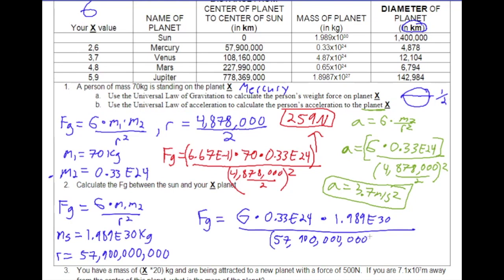And don't forget that we need to square this number. Again, just put the top in parentheses and divide it by the bottom, and you should be good to go. You find out that your force of gravity felt between the sun and your planet should be 1.31e22. And since it's a force, it should be newtons.